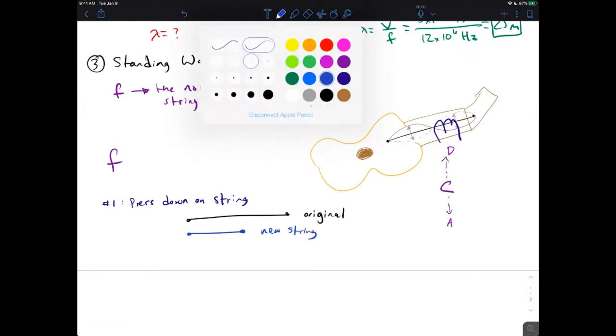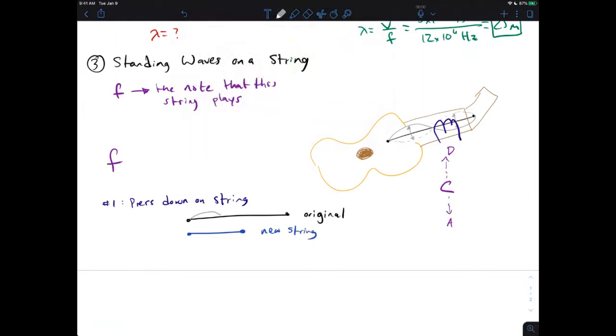So when you play this, originally we had this wave. Let me do that again, not so messy. There it is. That's my wave. So what has happened to my wave is I've made my wave shorter.